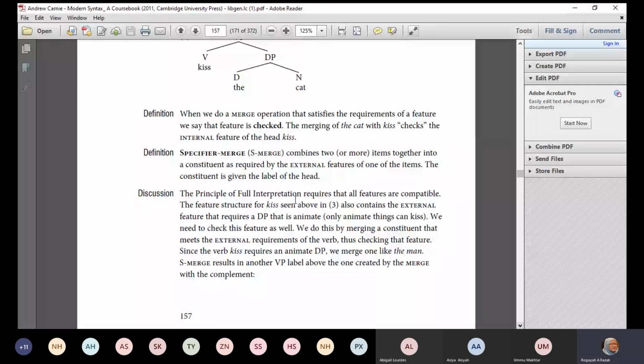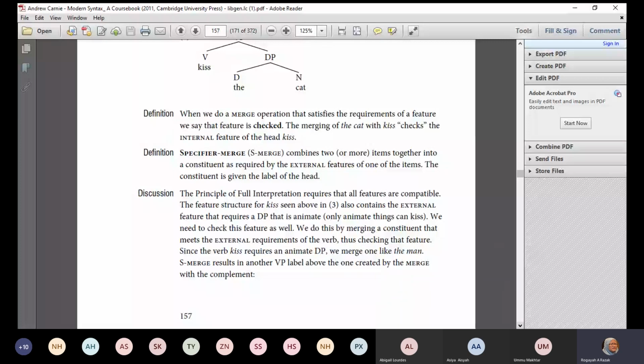The principle of full interpretation requires that all features are compatible. The feature structure for kiss, as seen above, contains the external feature that requires a DP that is animate, because only animate things can kiss. We need to check this feature as well. We do this by merging a constituent that meets the external requirements of the verb, thus checking that feature.